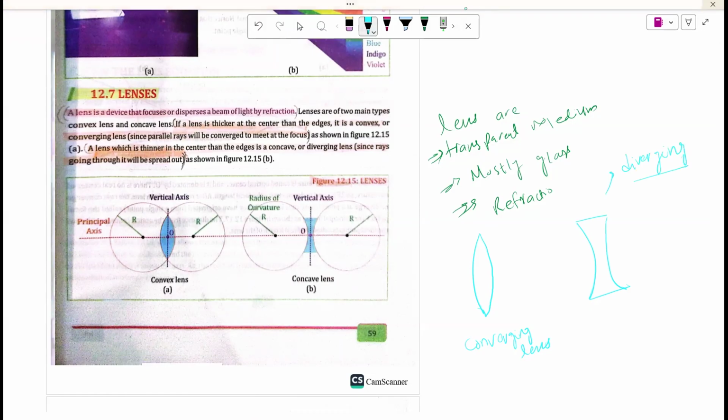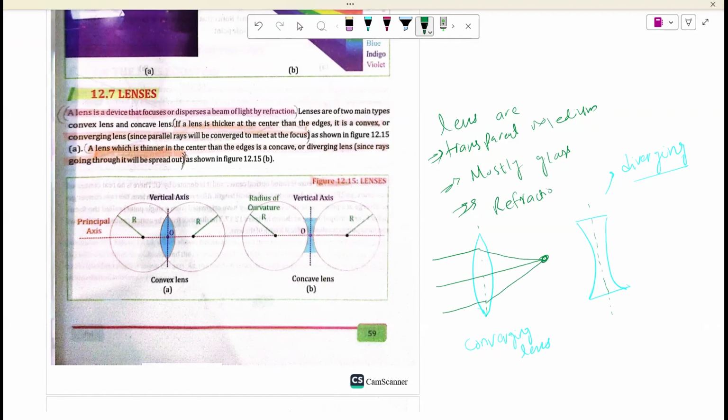As the name indicates. Okay, this is the vertical axis, center of these lenses. Whenever the light passes through these centers से जो जाएगी, it goes undeflected, and other sides में जाएगी, they will converge to a point.